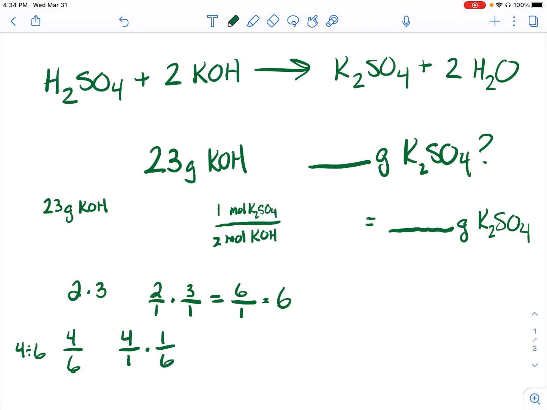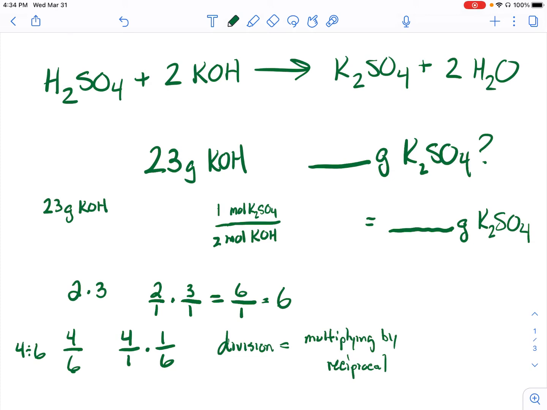And this is an important algebra or arithmetic thing: division is the same as multiplying by the reciprocal.